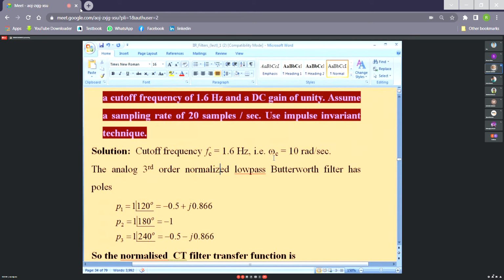Correspondingly, the omega C value is 2 pi FC. It's 10 radians per second.